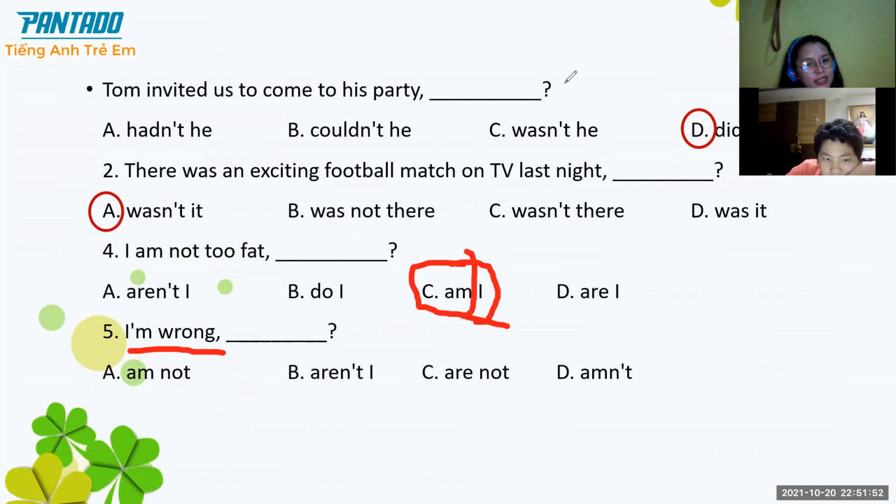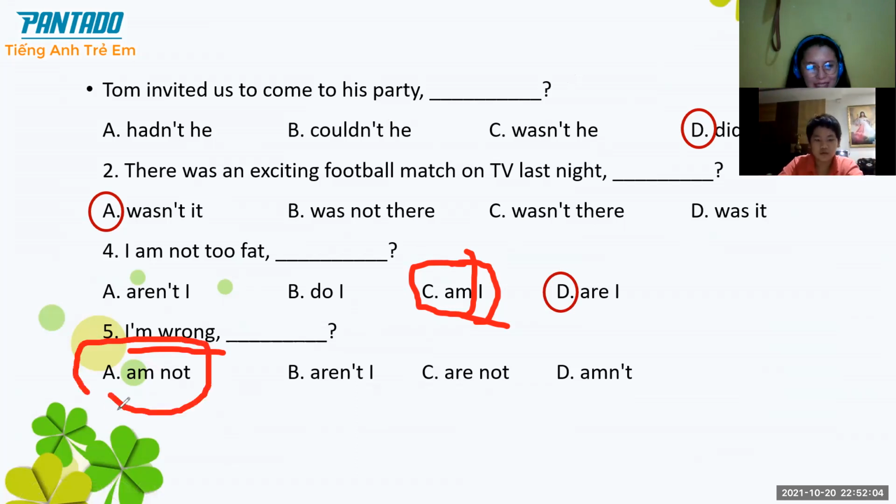I'm not, aren't, I'm not. Okay, yours is I'm not. Okay, that's correct because I am wrong. So there is no not here, so I'm not. All right, so your check for number 5 and number 4.